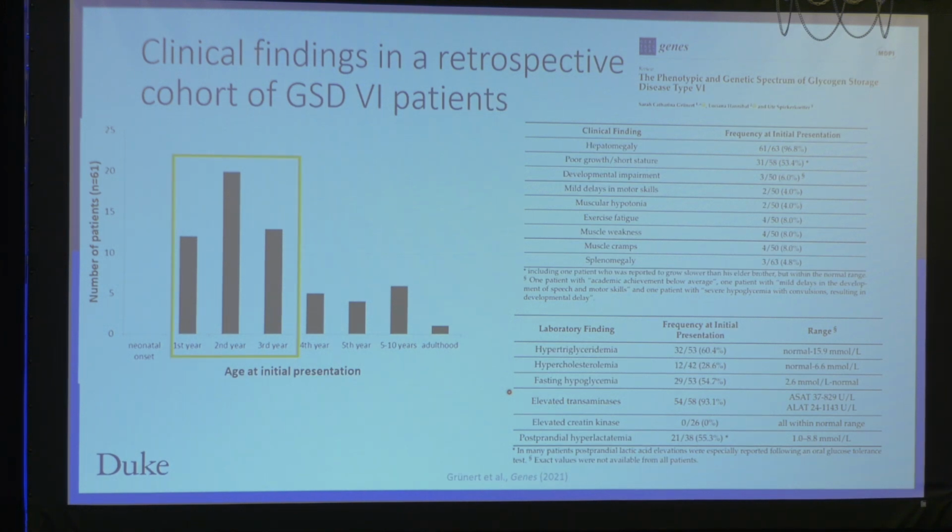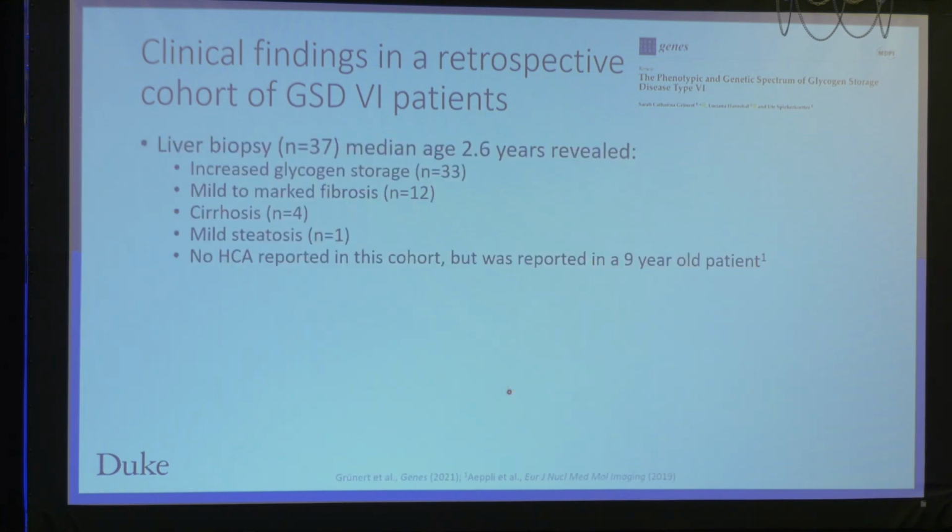In the first few years of life, you see increase in the liver size, you see an increase in the triglycerides, you see fasting ketotic hypoglycemia, and that when you did a liver biopsy, this is from the literature again, that there was increased glycogen storage, there was presence of cirrhosis in some patients, there was presence of fibrosis. But now remember, this was at a median age of 2.5 years. Already there is evidence of liver damage in these patients.